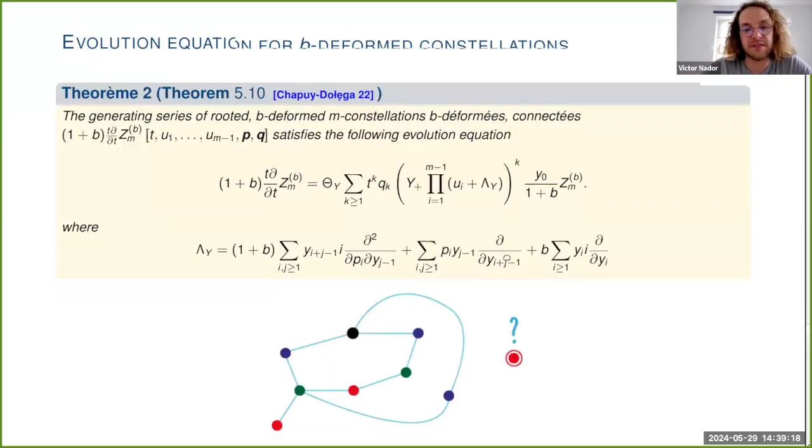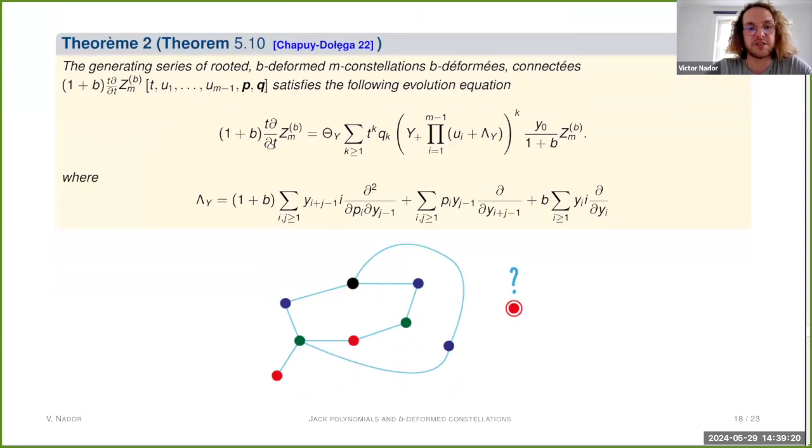And so the equation they give is this equation here on top. And you can interpret it combinatorially, and it has a nice combinatorial interpretation, because this just tells you that if you start from a given constellation, how you can insert a new vertex of color 0 in it.